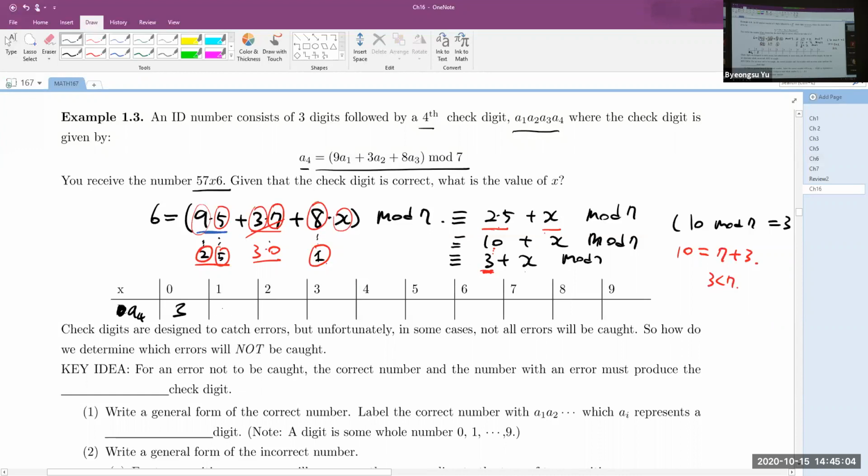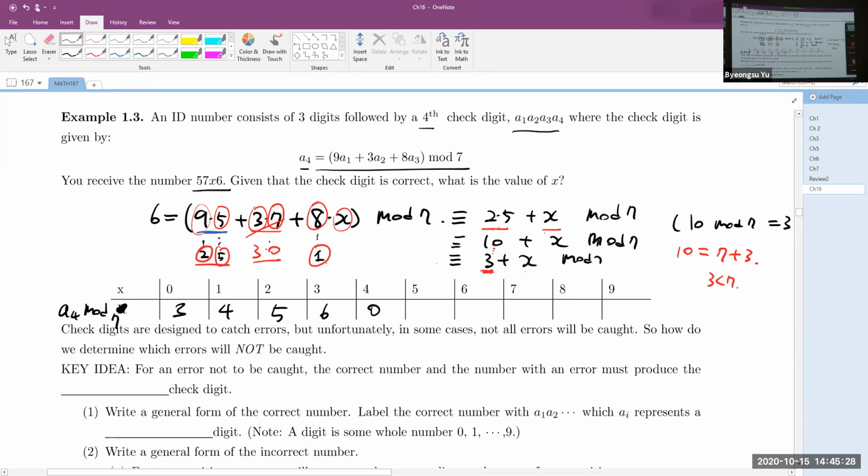When x is 1, you get 4. x is 2, you get 5. x is 3, you get 6. x is 4, then you get 7, but 7 mod 7 is 0, so it should be 0.